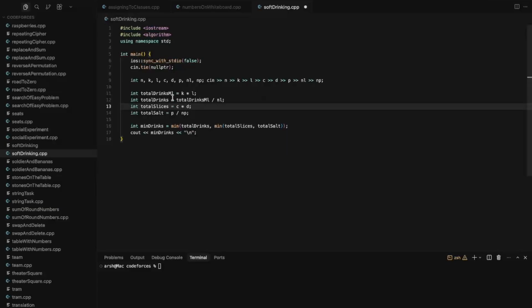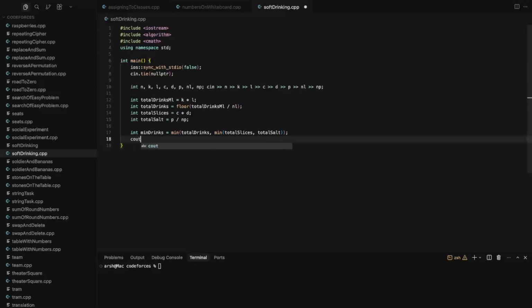Oh, one thing I forgot to include here is a floor operation here, just to make sure that we're not over counting the number of drinks we can make. After this, we will simply cout our minimum drinks divided by n, and that is our answer.